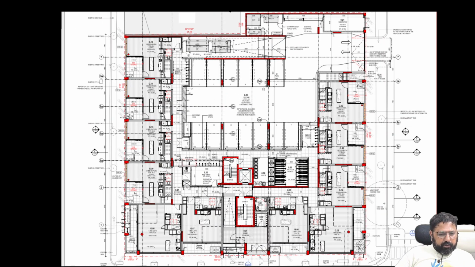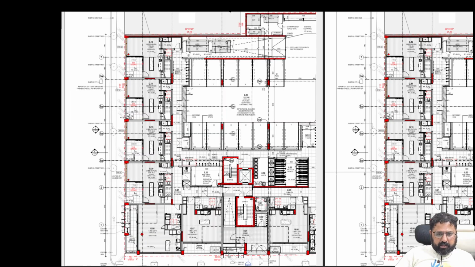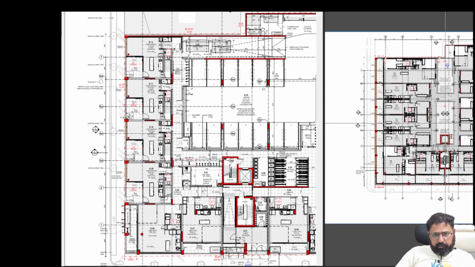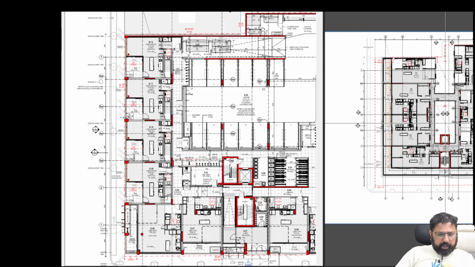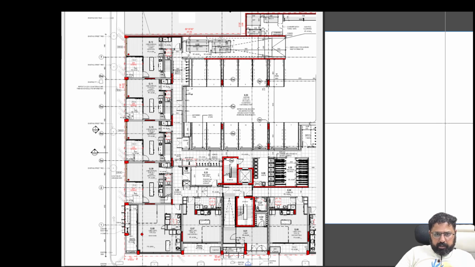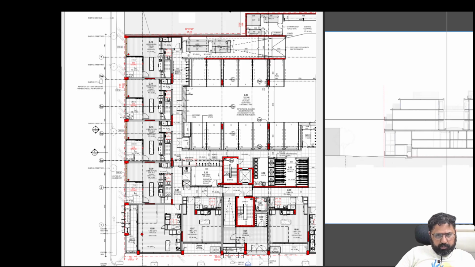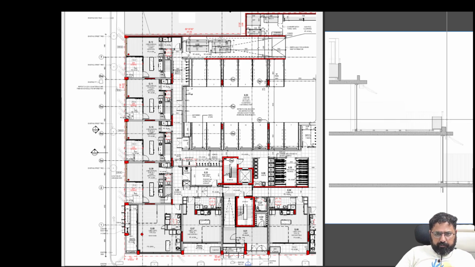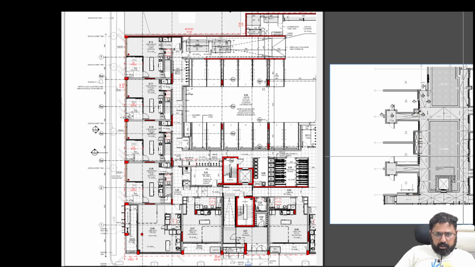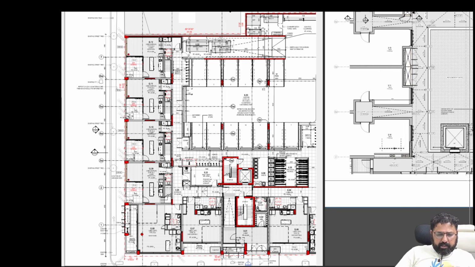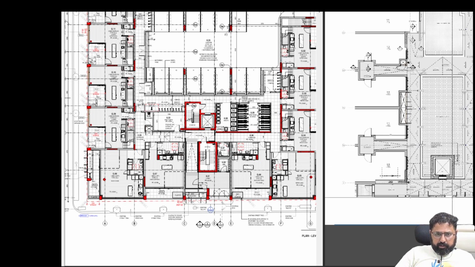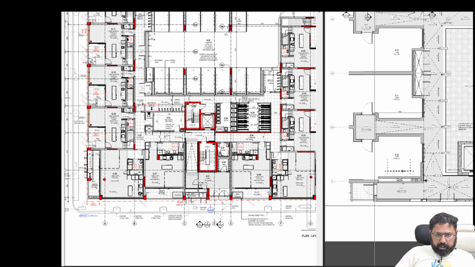Now I just want to divide the screen to show you. In the whole building, two types of area division have been done. For the corridors, they have also shown two types. There are only two types of corridor you have to check. Here is the single lift, and these are the stairs.